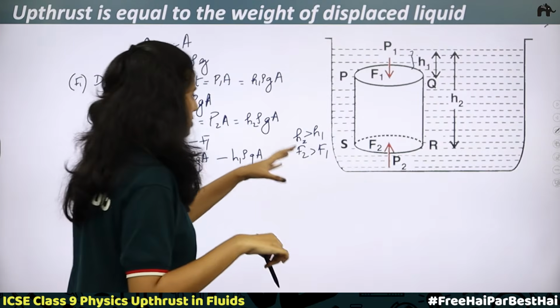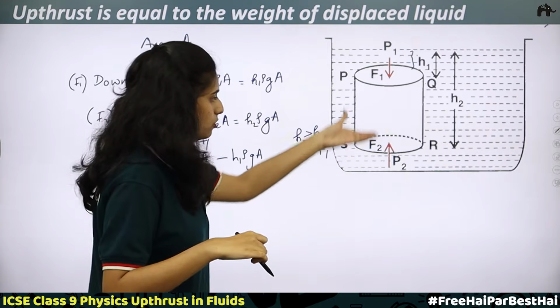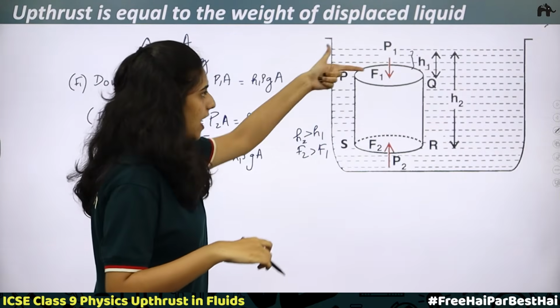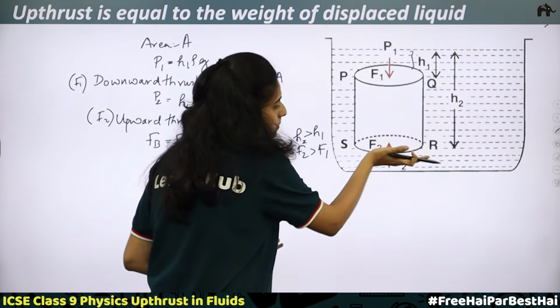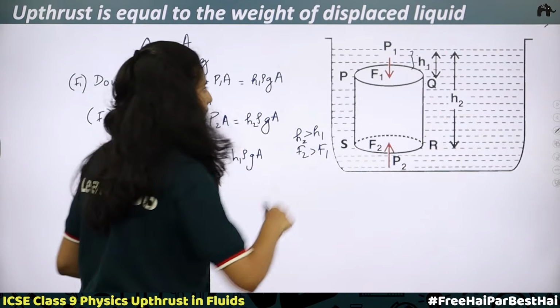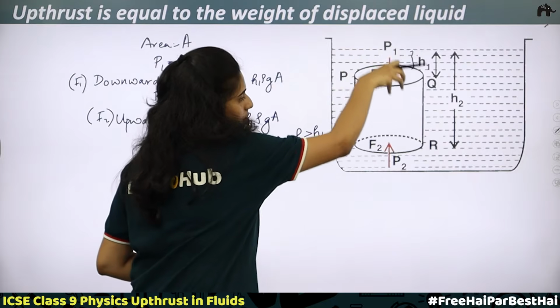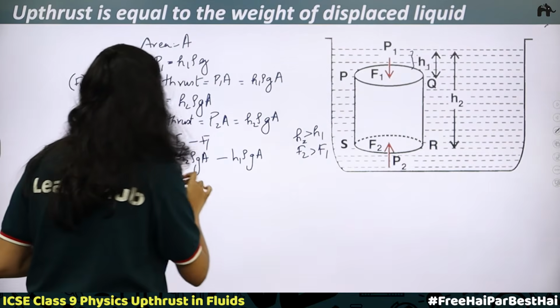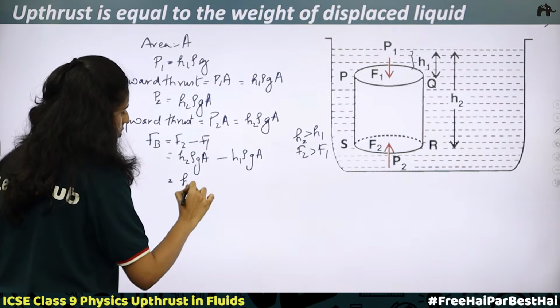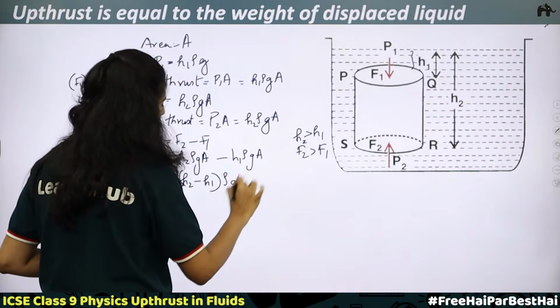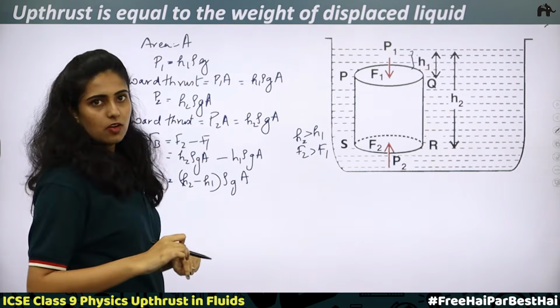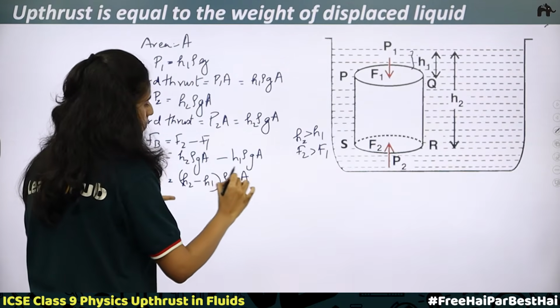Because of this reason, the upward force is greater than the downward force. That is, the body will be pushed upwards more than the force that is pushing the body down. So, this is equal to H2 minus H1 into rho G into A.